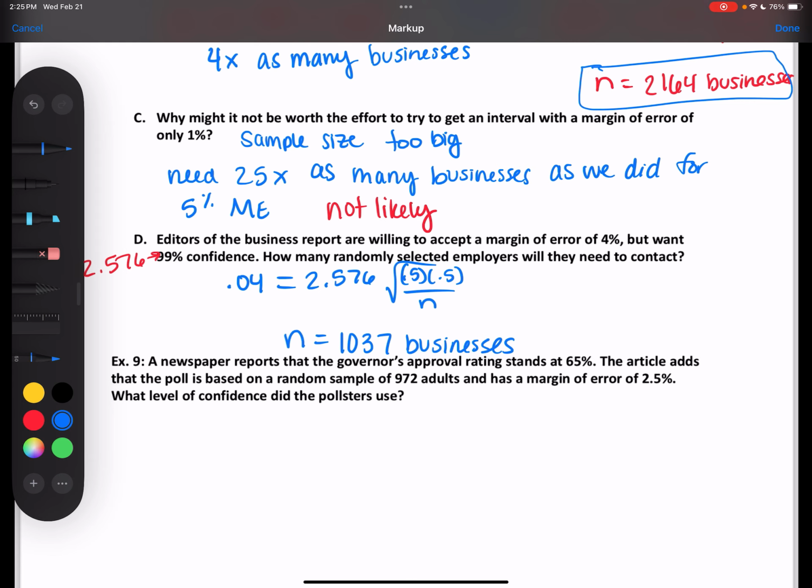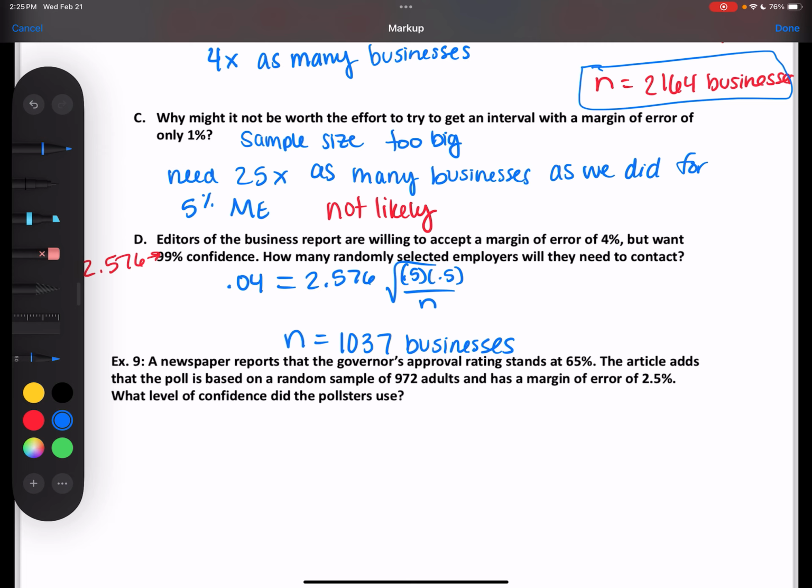A newspaper reports that the governor's approval rating stands at 65%. The article adds that the poll is based on a random sample of 972 adults and has a margin of error of 2.5%. What level of confidence did the pollsters use? Okay, so now we're finding Z-star given everything else.